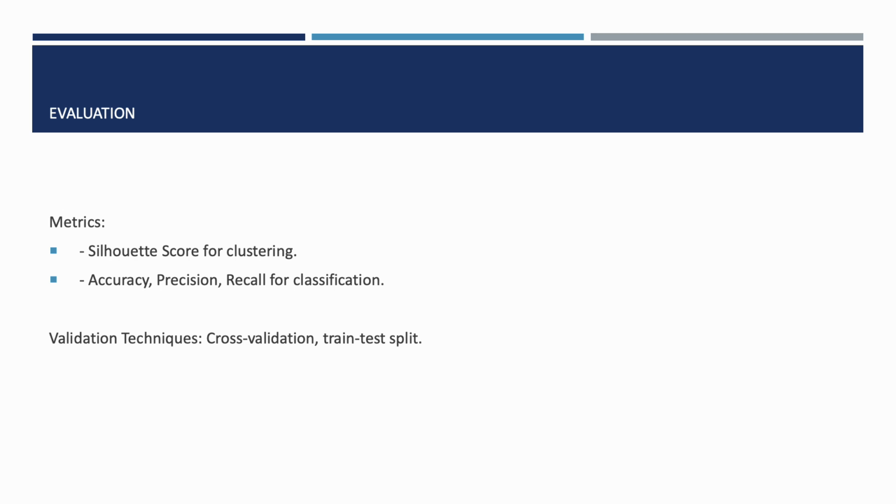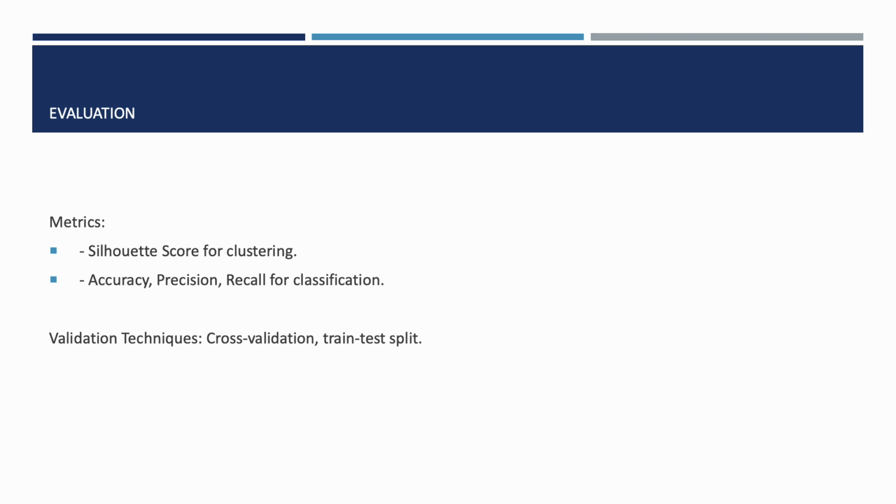Then another metric is accuracy, precision, recall for classification. So for accuracy, we can measure the percentage of correctly classified instances out of the total number of instances.